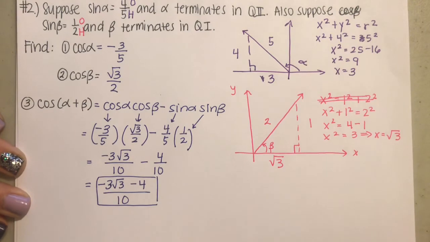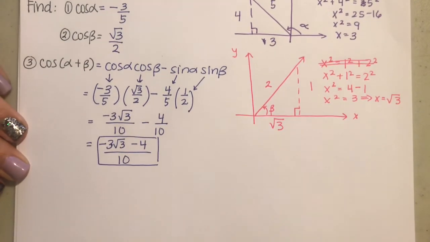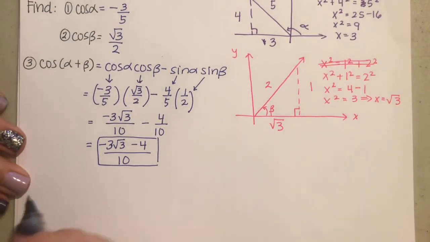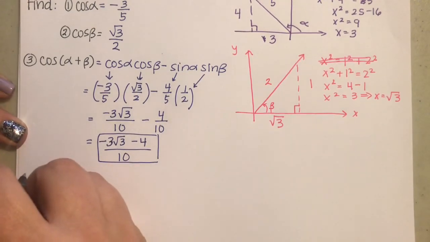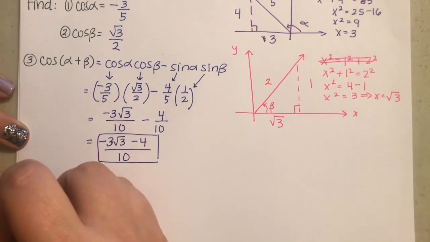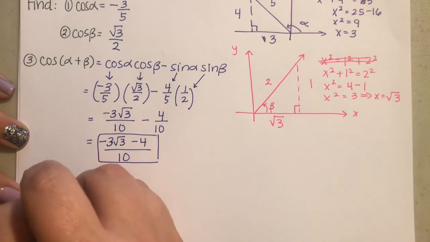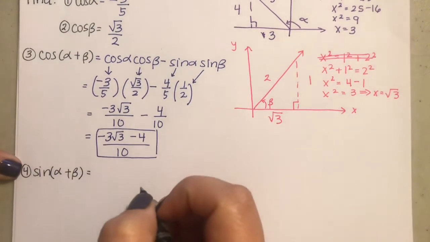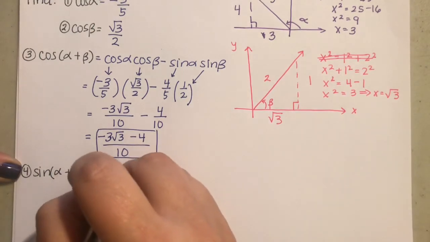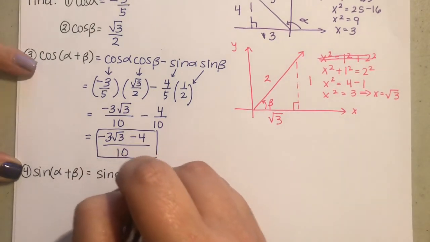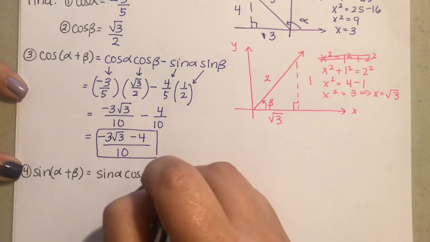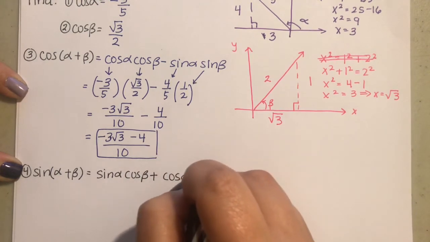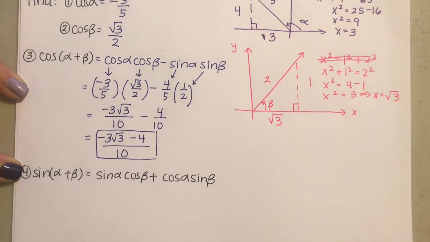There we go. Okay, we have one more question kind of like this, and this one is asking us to find sine of the sum, alpha plus beta. Remember, sine of a sum requires sine cosine plus cosine sine.